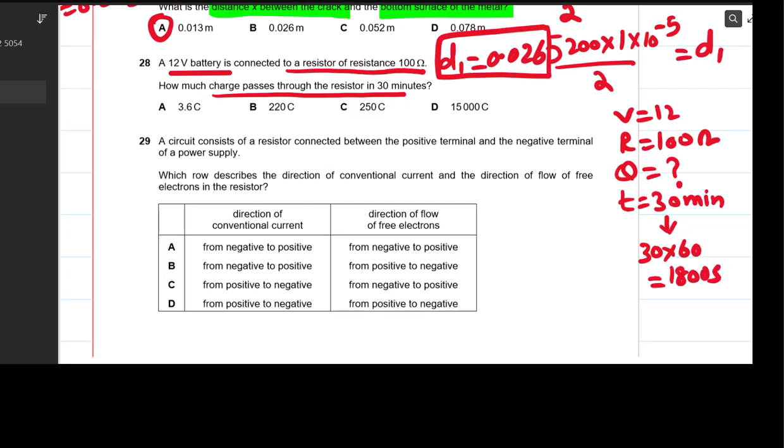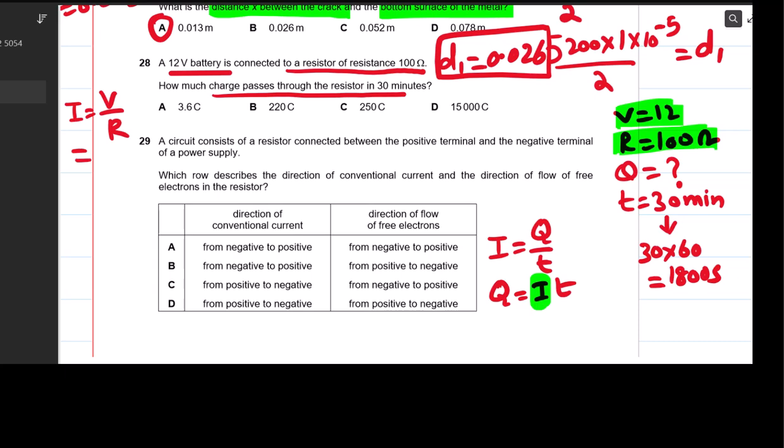So we know I is equal to Q by T and Q is equal to IT. So what we need here, we need current. We are given voltage, we are given resistance. So I is equal to V by R. So voltage is 12 divided by 100, it becomes 0.12 ampere.